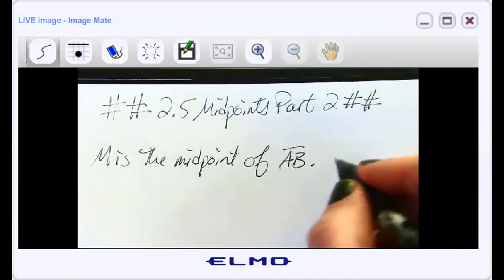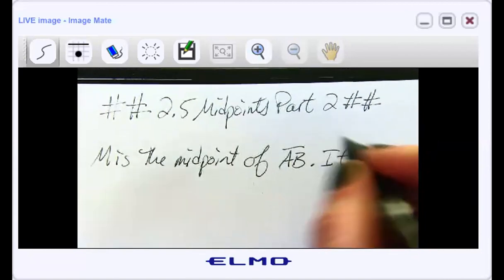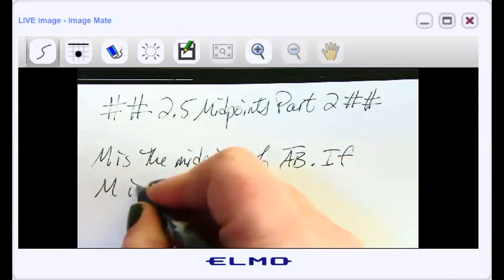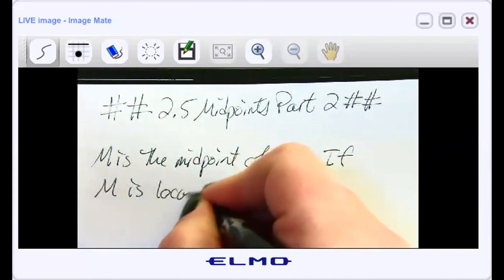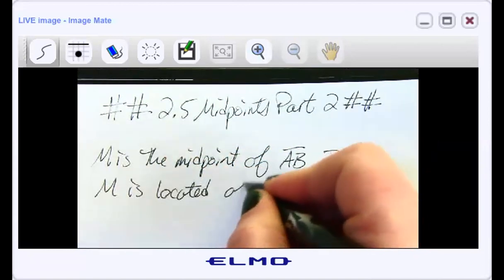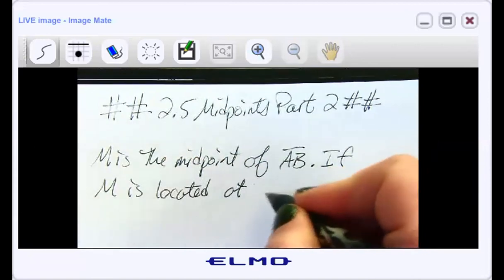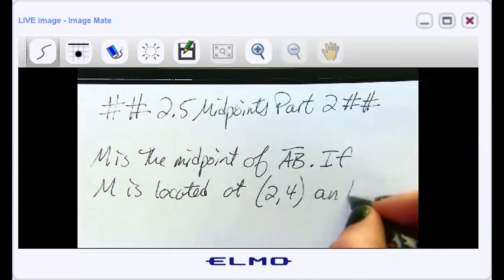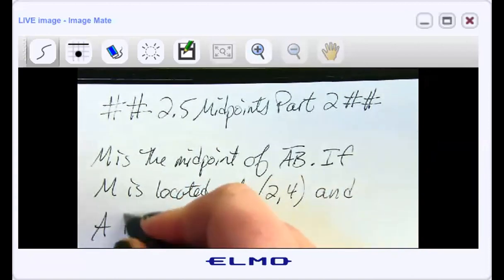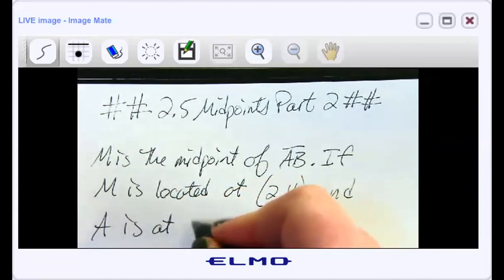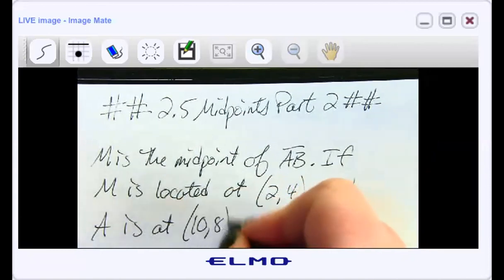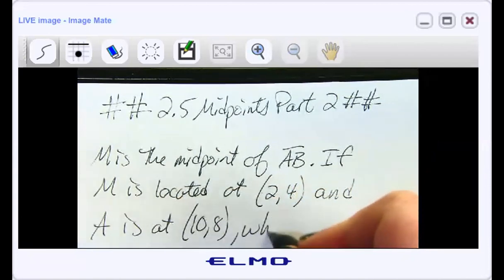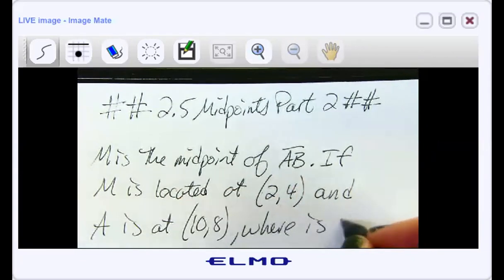Okay, fine. Now watch this. If M is located at 2, 4, and A is at 10, 8, where is B?